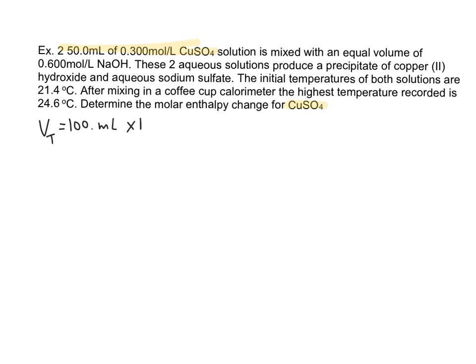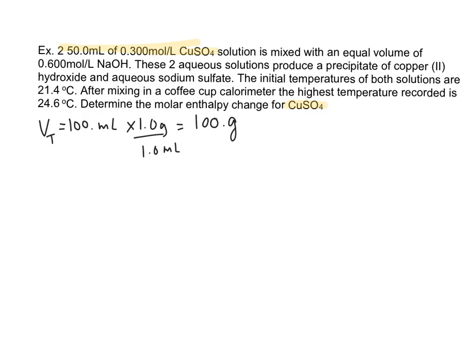We have to convert that to mass using the density of water, because we're assuming that these are so dilute that that is actually the same density. So we have 100 grams of solution in our beaker.